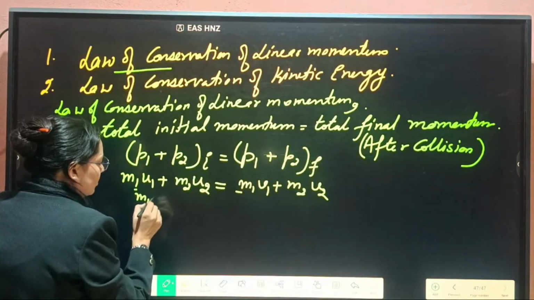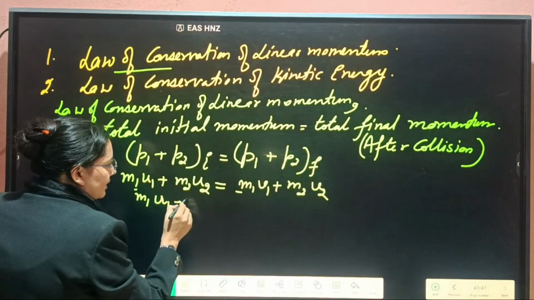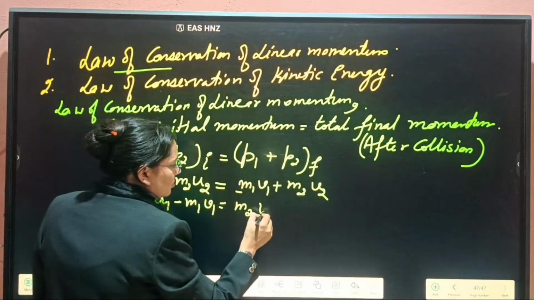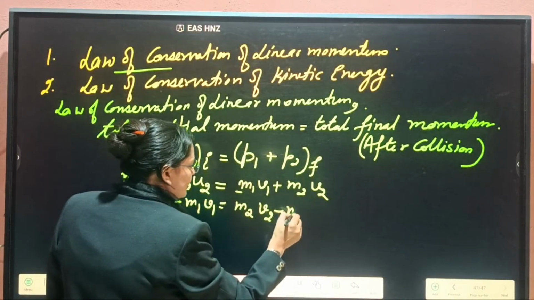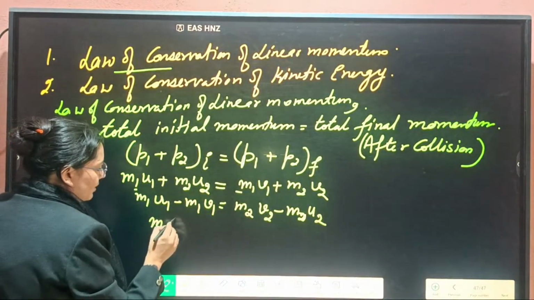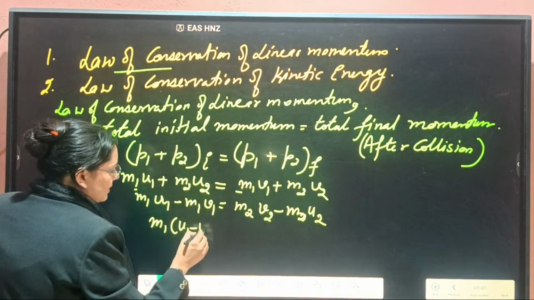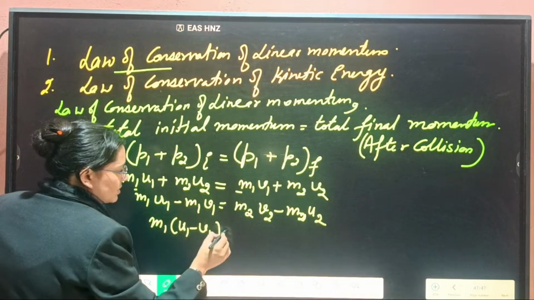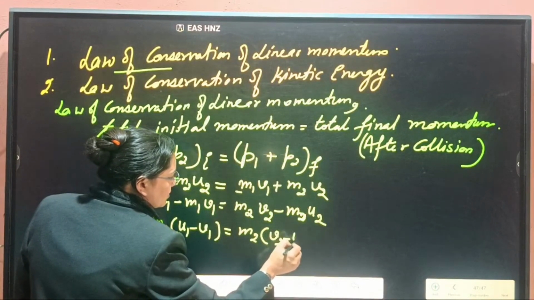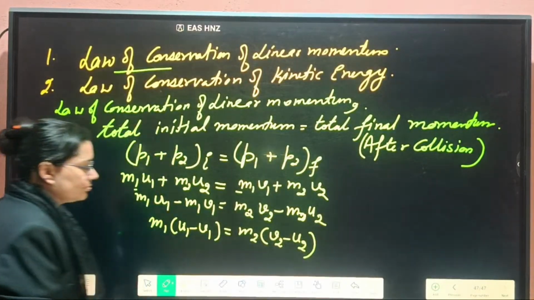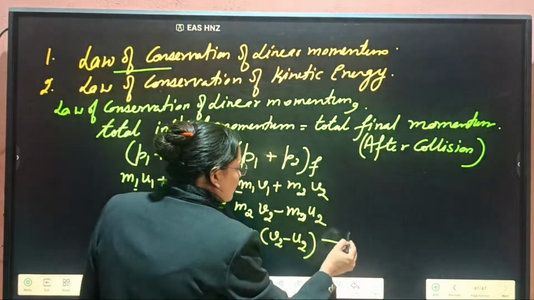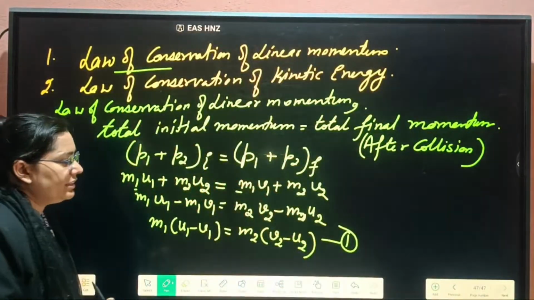Then m1 u1 minus m1 v1 equals m2 v2 minus m2 u2. m1 you can take common from here, u1 minus v1 is left. m2 you can take common from here, v2 minus u2. Okay, this is our first equation, as we are using the law of conservation of linear momentum.